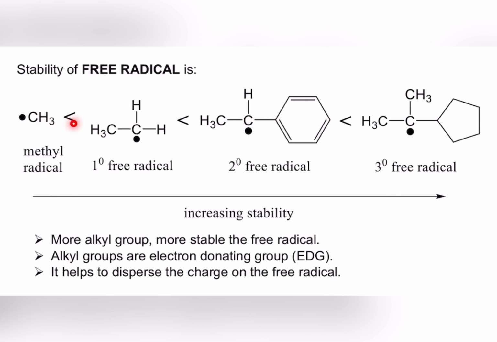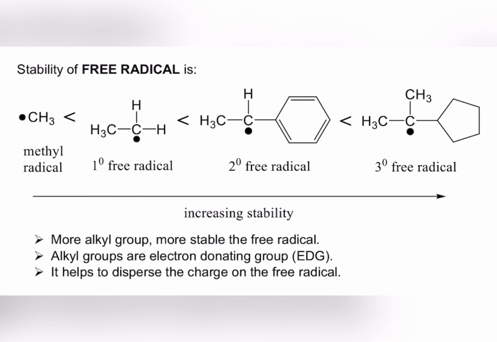Once I change one of the hydrogens with another alkyl group, in this case CH3, I get this carbon with 2 hydrogens and 1 alkyl group. So this is what we call a primary free radical.